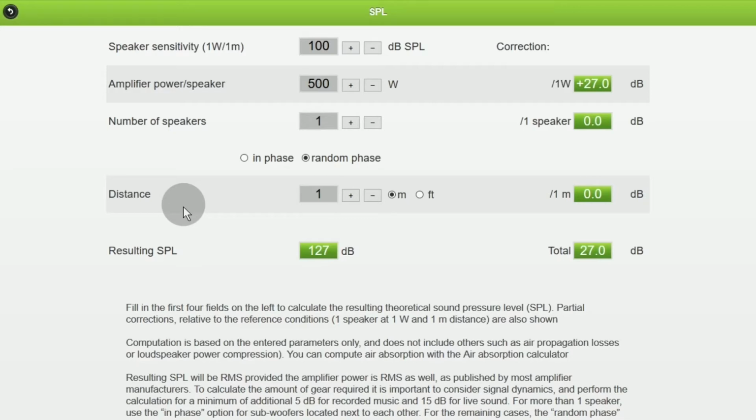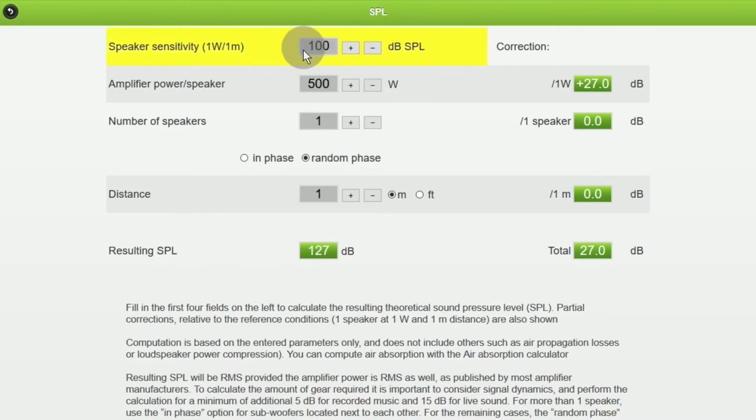Also not considered is the loss of sensitivity due to loudspeaker heating, or the signal crest factor, which means that depending on the amplifier's peak power output, we will have more SPL for a modern song with little dynamics than for an uncompressed live sound audio, or songs from the 70s or 80s that were recorded with much more dynamics than those of today.